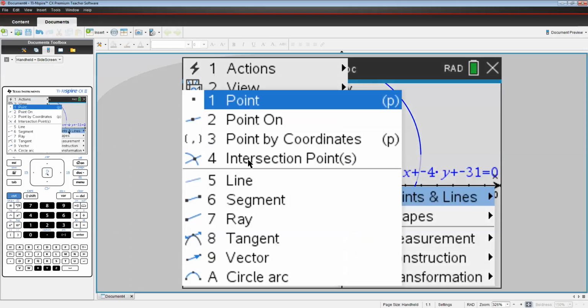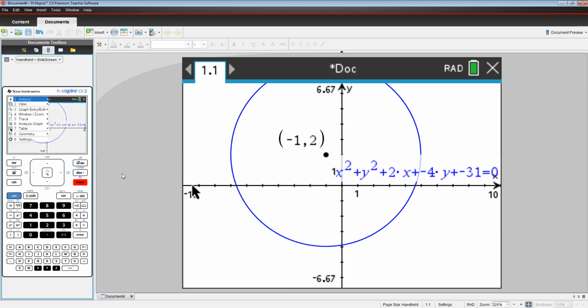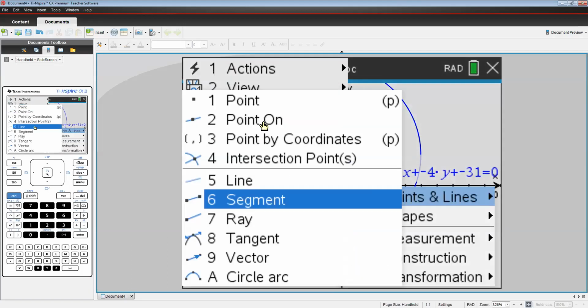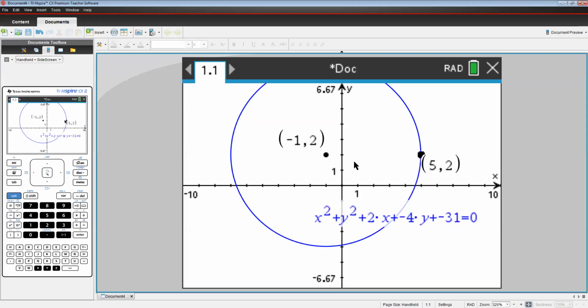Menu, geometry, points and lines, point by coordinates, 5, hit enter, 2, hit enter, and you can see that does indeed mean our radius is 6.